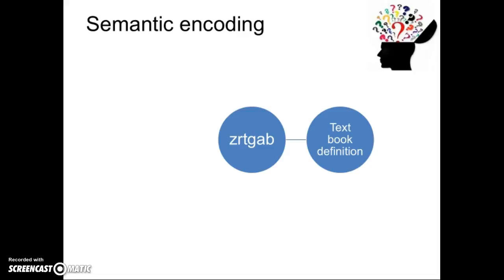What the heck is zertagab, right? I'm going to look it up, because on the test, I'm most likely to need to know what it means, not how it's necessarily spelled or how it sounds. That would be semantic encoding.